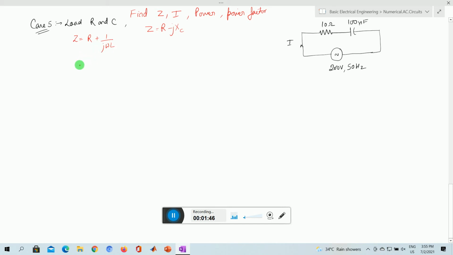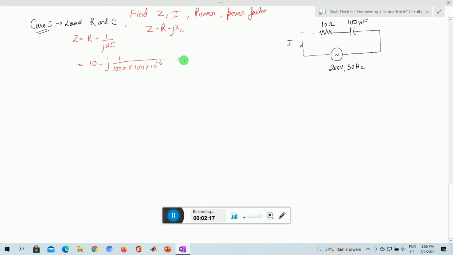Now if we substitute the value of R as 10, minus j times 1 by omega, where omega is 2 pi f, 2 pi into 50, which is 100 pi, into C. Capacitance is 100 into 10 to the power minus 6 farad.